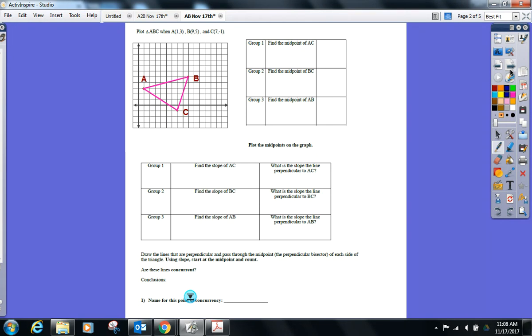But it's going to waste too much time if we do every single one together, so I'm going to divide you guys up into three groups.